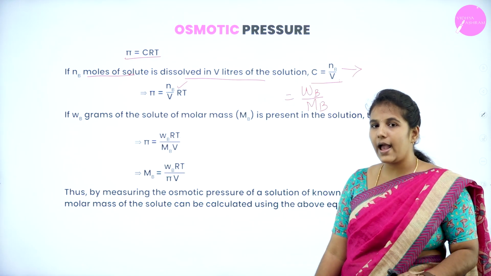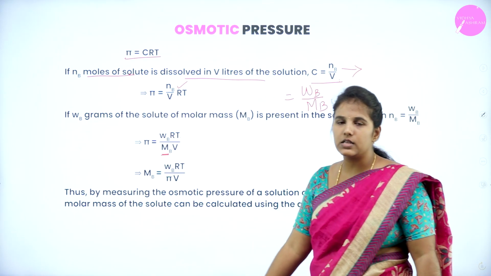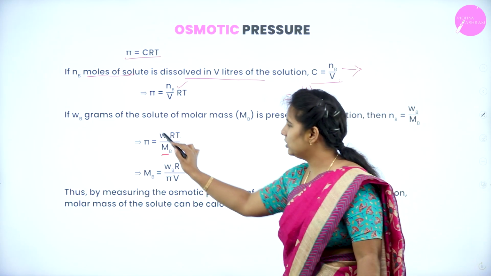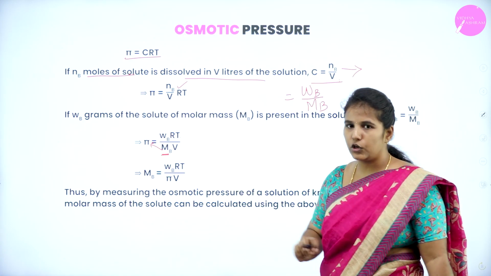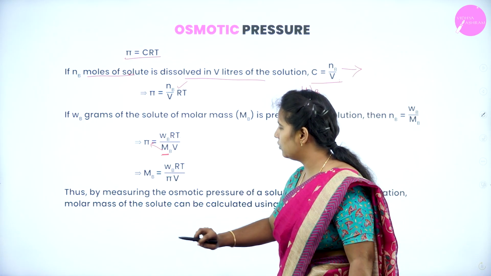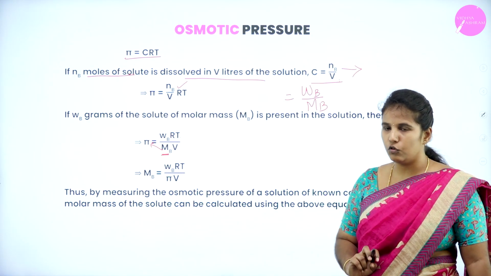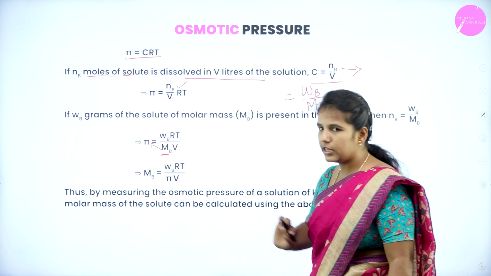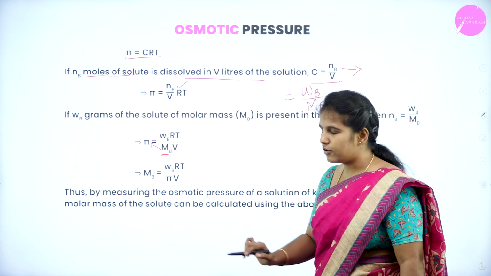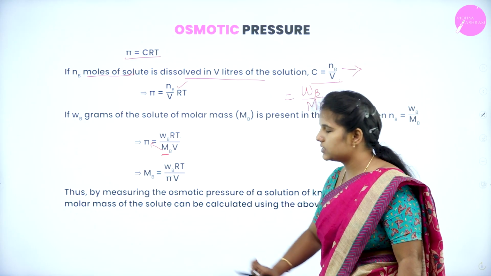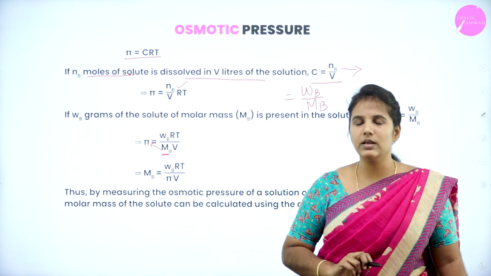Now, in order to calculate the molar mass of the solute, that is MB, I'll take MB outside so that pi, which is nothing but osmotic pressure, comes here. So MB is equal to WB into RT divided by osmotic pressure into volume. Remember, WB is the mass of the solute B, R is a gas constant, T is the temperature, V is the total volume of the solution, and pi is the osmotic pressure.